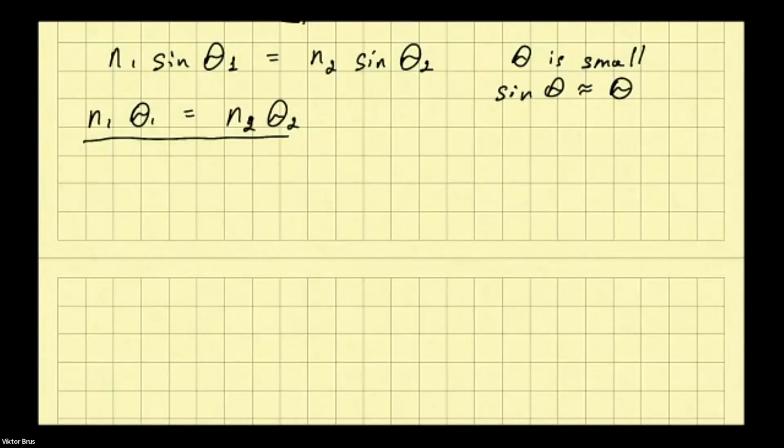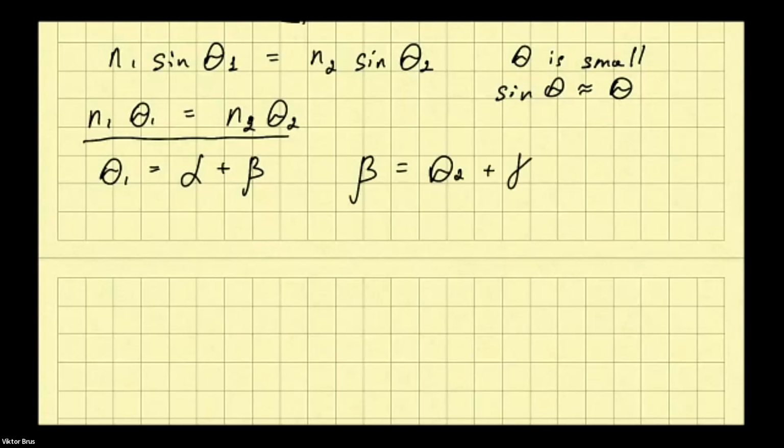For theta 1, we can write that it is equal to alpha plus beta. And for beta, it is equal to theta 2 plus gamma.